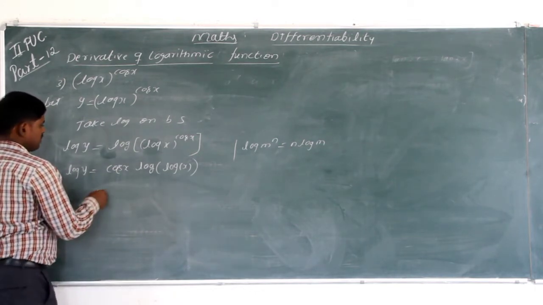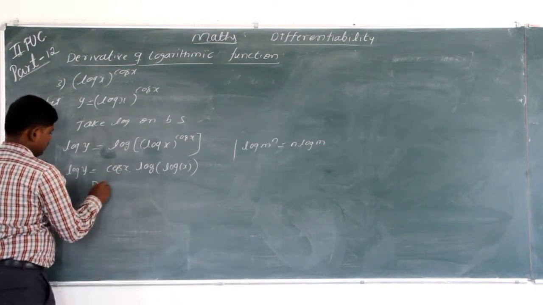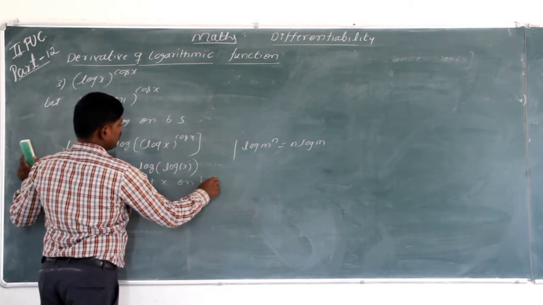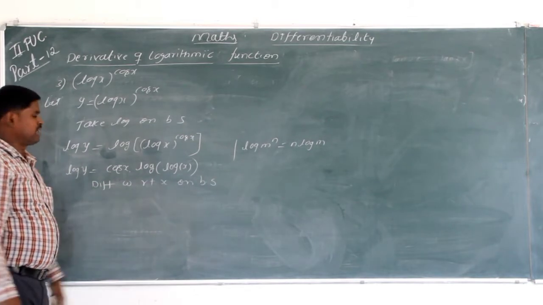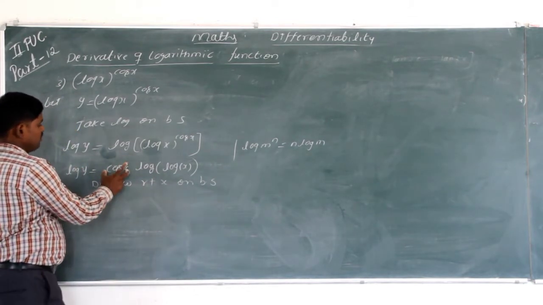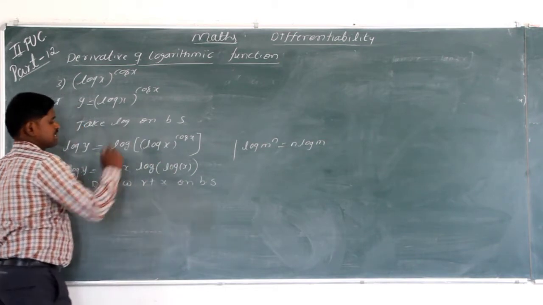Now differentiate with respect to x on both sides. Here we are going to use the product rule. One function is cos x, the other is log x.